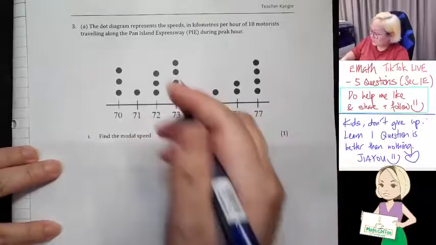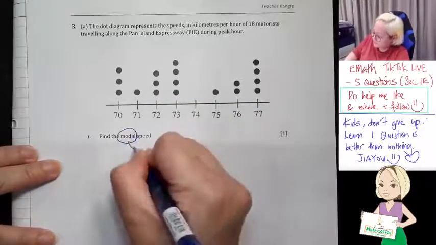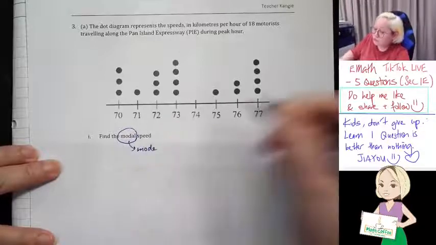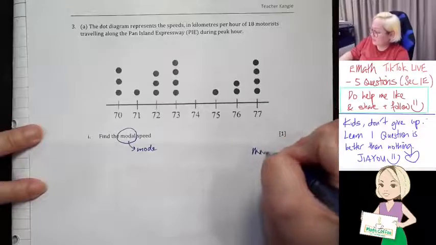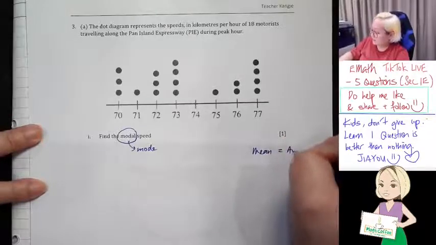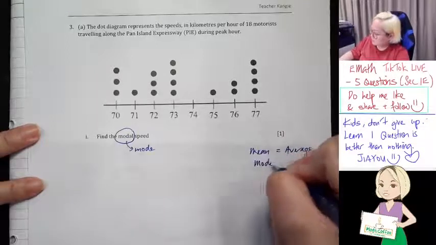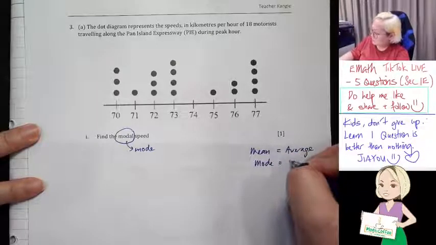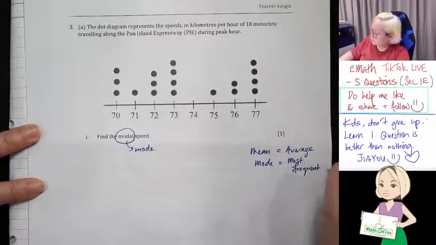Okay, so kids, sometimes you see this word and you don't know what it means. Actually, this simply means the mode. You know you have mean, mode, median, right? So I just repeat here. Mean represents average. Mode, I will always link it to most frequent.